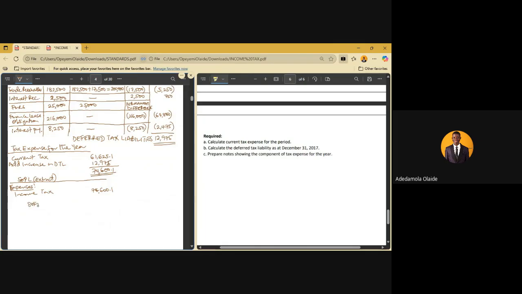Then in our SOFP extract, under our non-current liability, we'll have deferred tax liability at 12,975. Then under our current liability, our income tax liability will be 61,625.1. And that will be all.